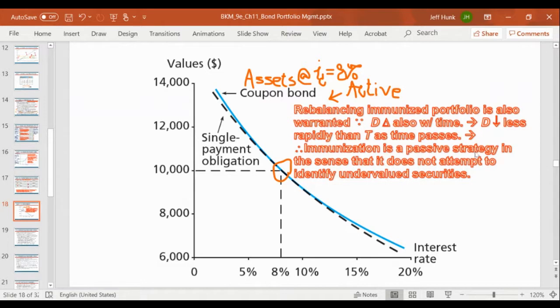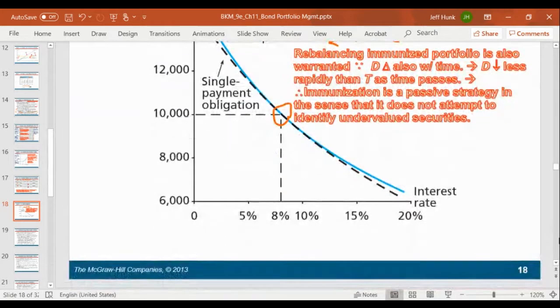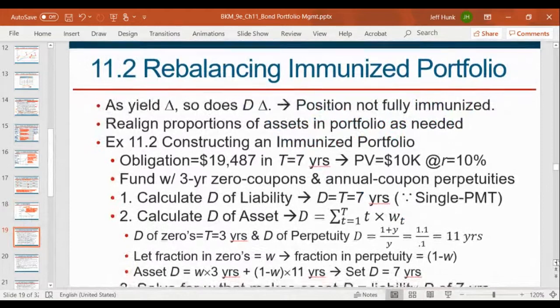It's only a passive strategy in the sense that it does not attempt to identify undervalued securities, but over the long term, you identify undervalued securities and rebalance, right? So there's an active management component. Active management. So let's take a look at this example.